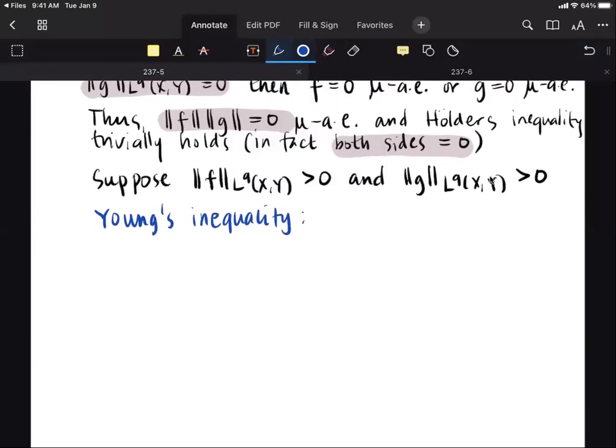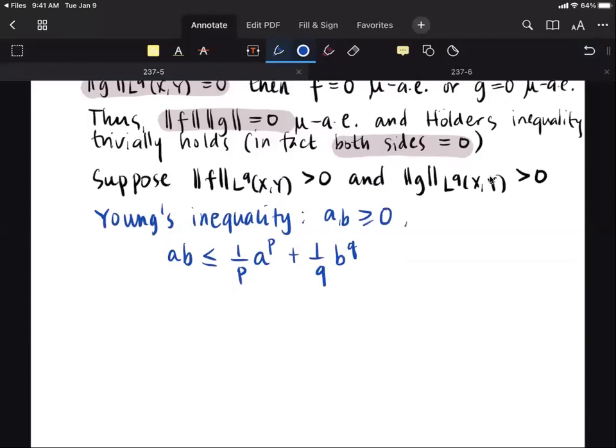So in analysis, there are several inequalities. Okay. The product of two functions is less or equal to this sum, 1 over p times a raised to p plus 1 over q b raised to q. Okay. So a and b here are non-negative.